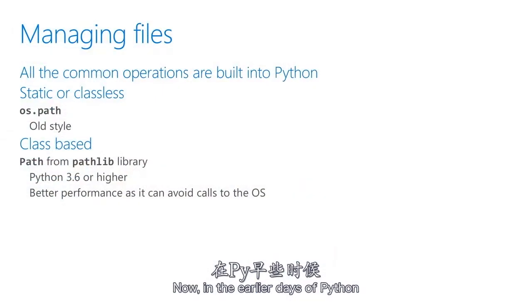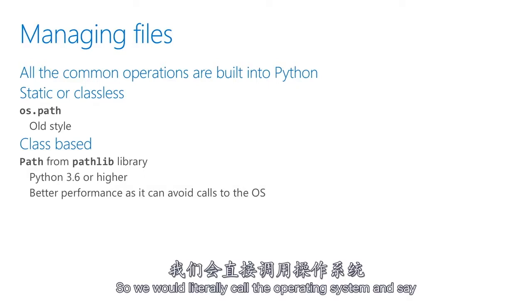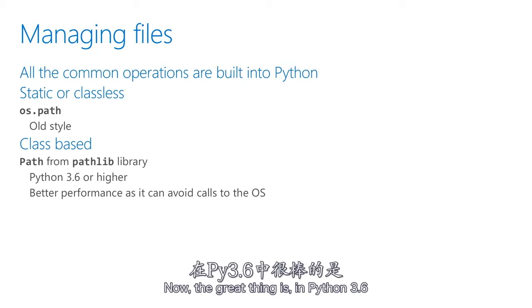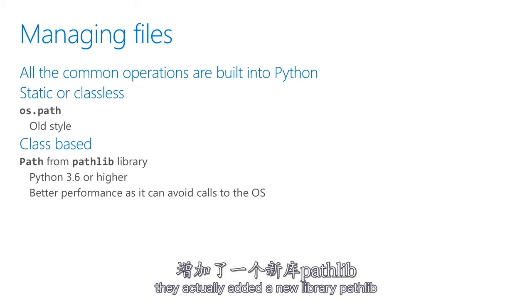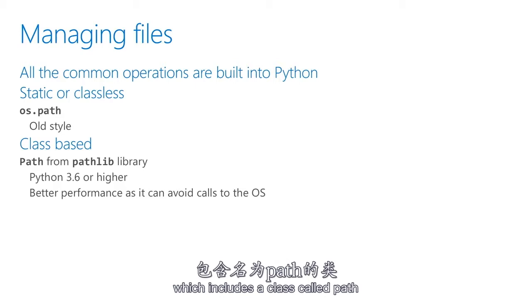Now, in the earlier days of Python, we typically used os.path, and that's operating system path. So we would literally call the operating system and say, what path are we in? Now, the great thing is in Python 3.6, they actually added a new library, pathlib, which includes a class called Path.